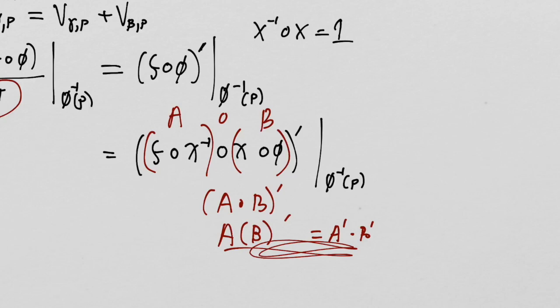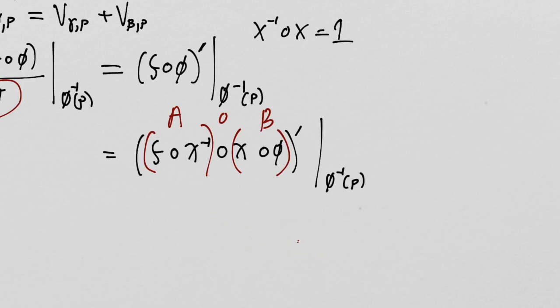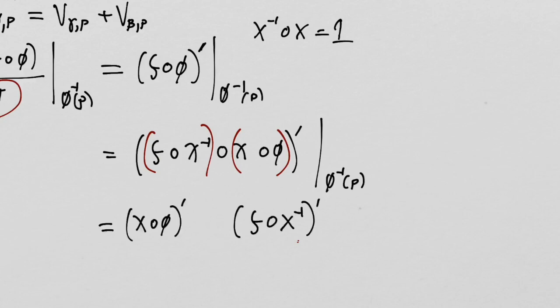We're going to now apply the chain rule to this object that we've divided up, f after x inverse after x after psi. So the structure of that is going to be the derivative of this composition, right?